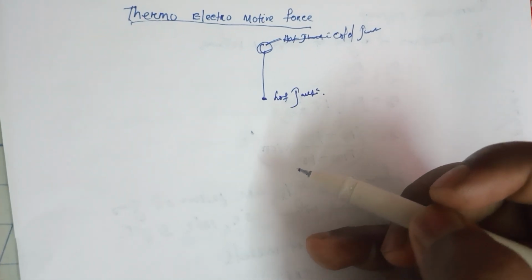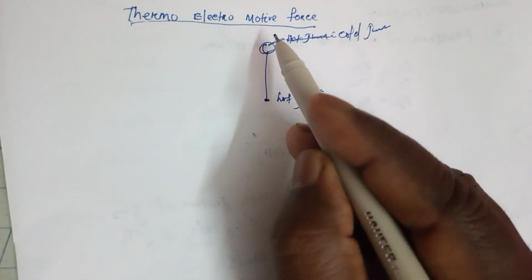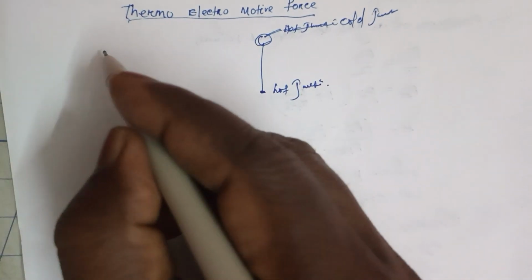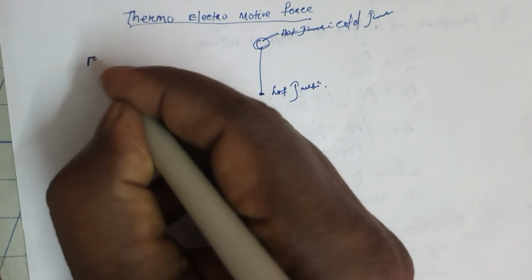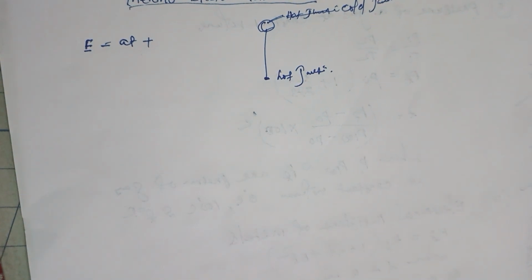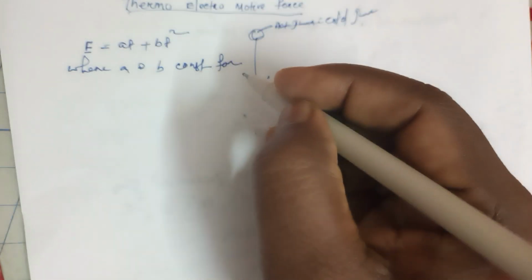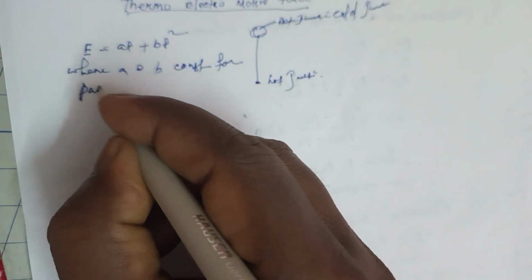Then the thermoelectromotive force will develop, known as E equal to AT plus BT square, where A and B are constants for a pair of metals.